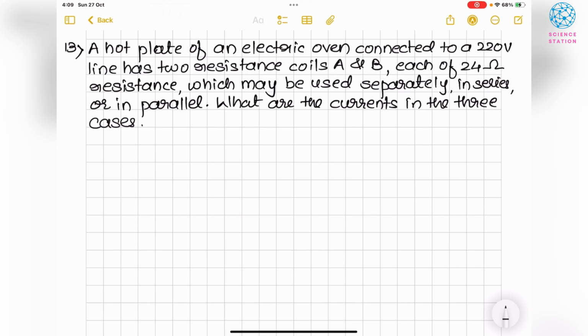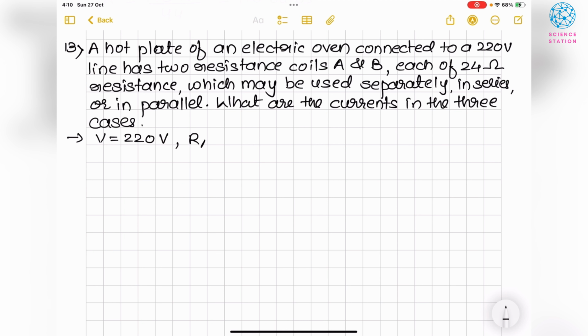Now 13th numerical says a hot plate of an electric oven connected to a 220 volt line has two resistance coils A and B, each of 24 ohm resistance, which may be used separately, in series or in parallel. What are the currents in the three cases? So here first V equal to 220 volt.